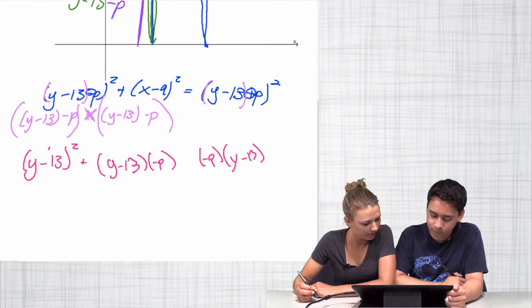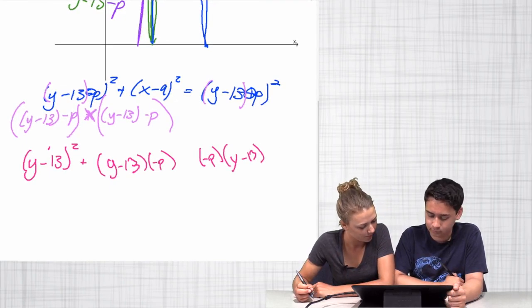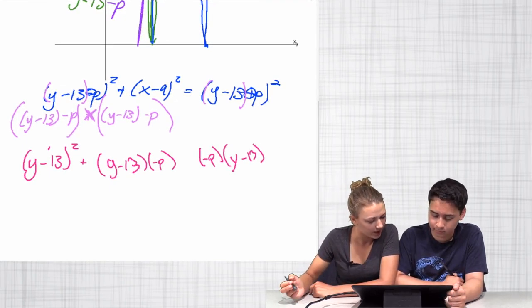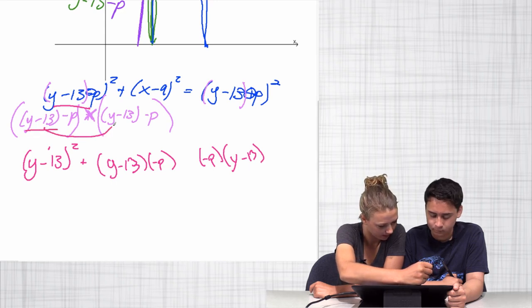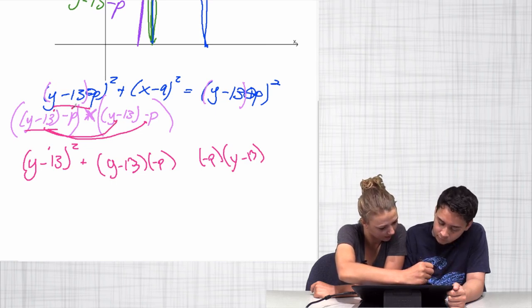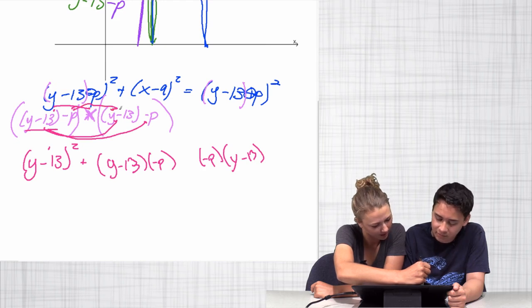You want to kind of talk through what you've done so far? Okay, so we took this one, so we spread them out, and we multiplied it by that one, and then we multiplied it by that, and then we took the p and multiplied it by that.